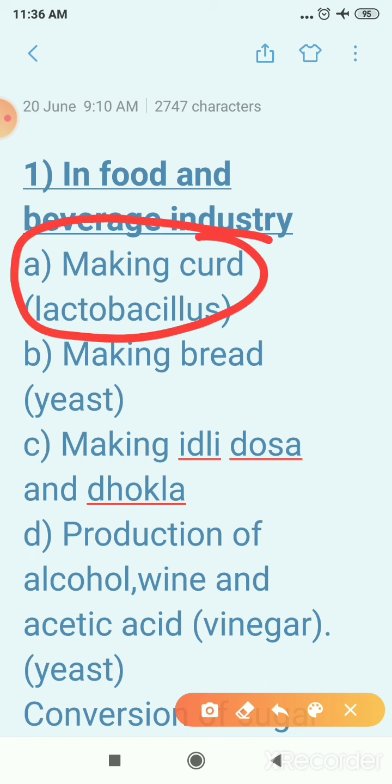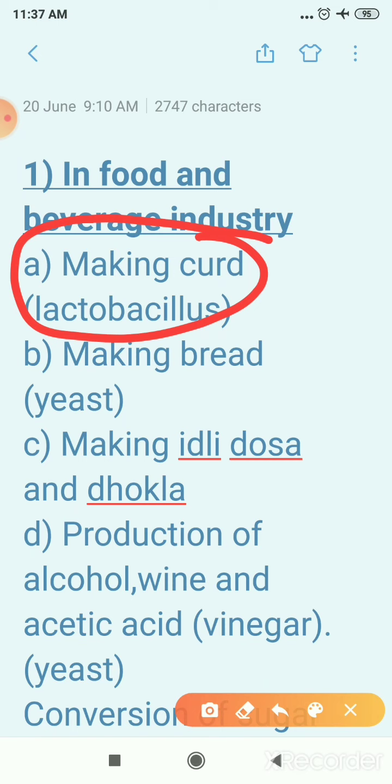Microbes are used in making curd. Lactobacillus is a bacteria that is used for making curd. Making bread. Yeast is used in making bread. Making idli, dosa and dhokla. When we are preparing the batter of idli, dosa and dhokla, yeast is used.